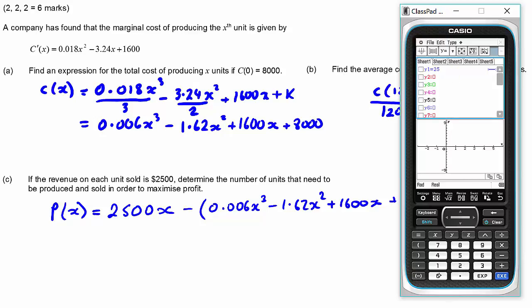And then we'll put in 2,500x, take away, open a bracket, 0.006x cubed, take away 1.62x squared, plus 1,600x, and it's plus 8,000 at the end of that, so plus 8,000, close bracket.